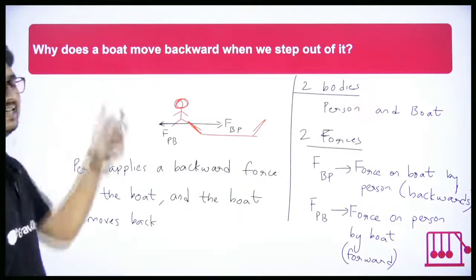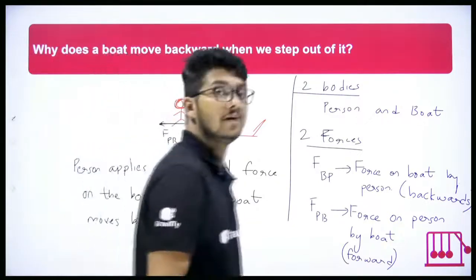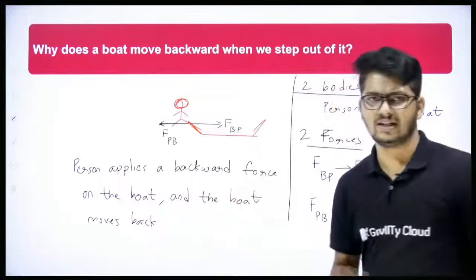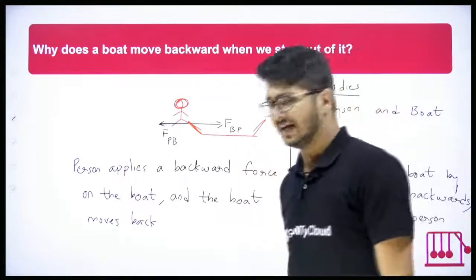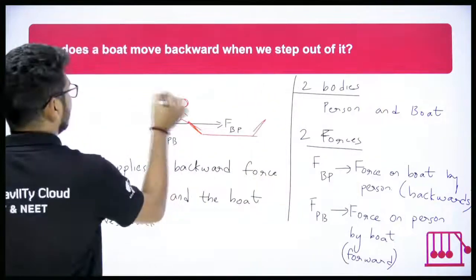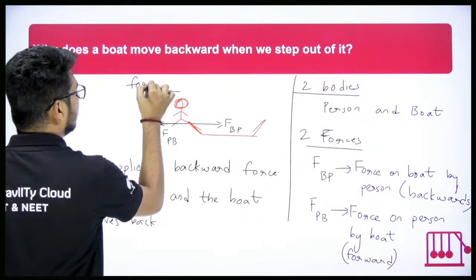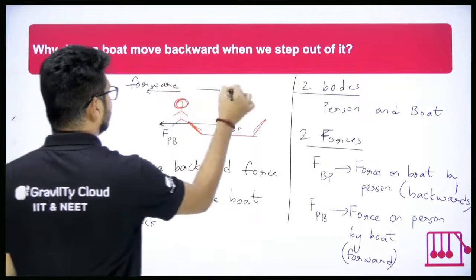Simple, that's it. We have given the reasons. Everything comes from Newton's third law. Identify the two forces, their direction, and that's it. It is done. This is forward direction, and this is backward.